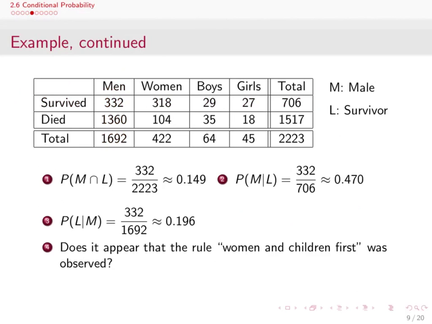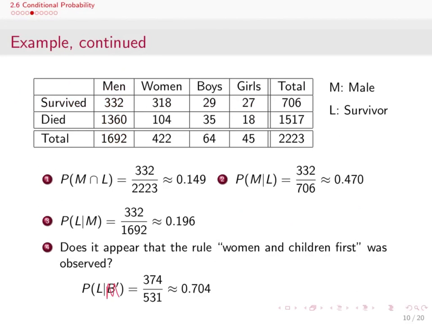Next, we'll consider the question, does it appear that the rule women and children first was observed in terms of survivors of the Titanic? So what we'll do is consider non-males. If we look at the non-males, so namely women, boys, and girls, what's the probability that that passenger survived given that they were not male? In particular, we're looking for the probability of L given B complement. Oh, actually, that shouldn't be a B. That should be an M for males.